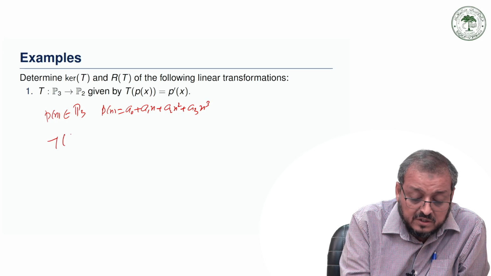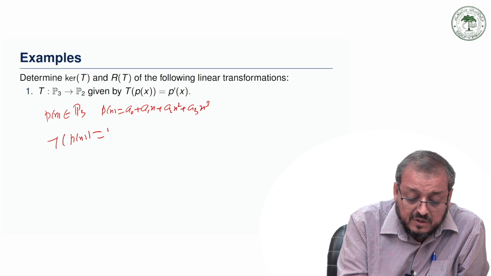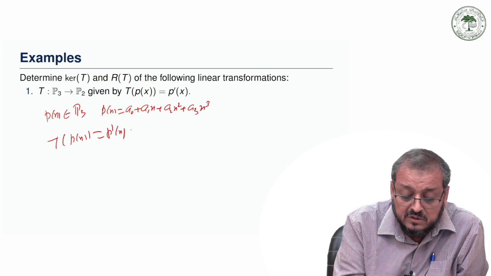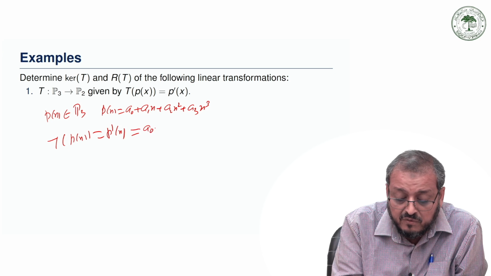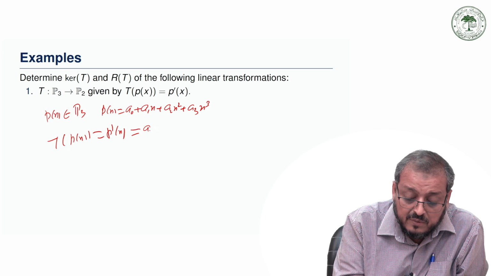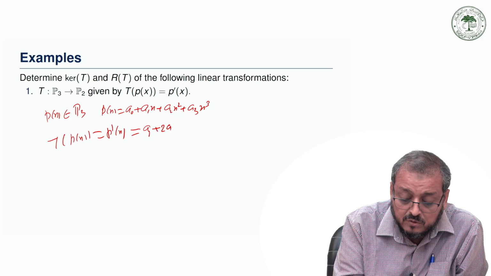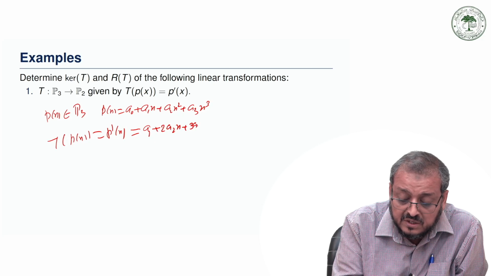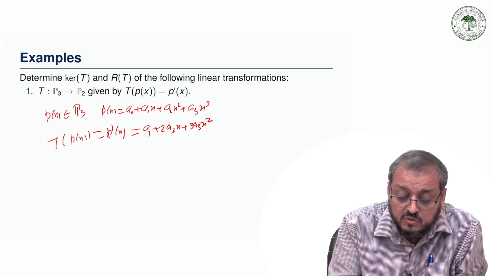But T of p(x) is nothing but p prime of x. So this is equal to a1 plus 2 times a2x plus 3 times a3x square.